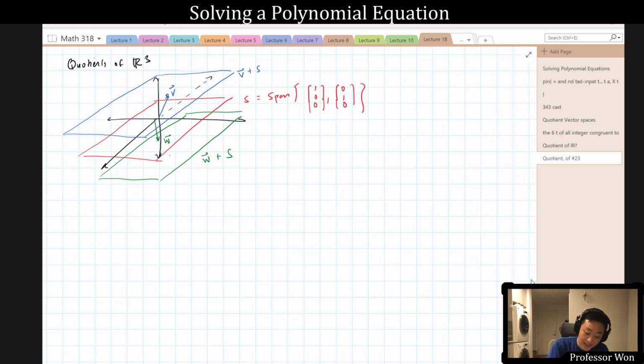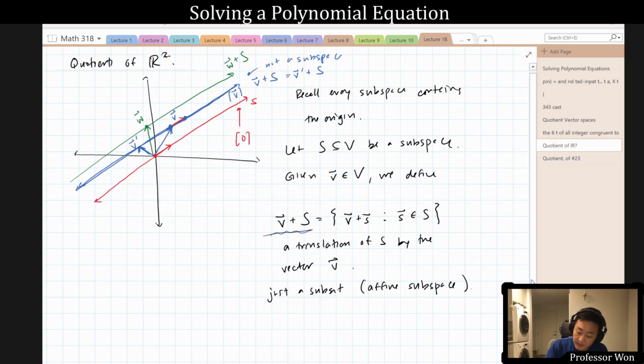So in order to understand that, we need the following lemma. Suppose that S is a subspace of V. I've defined this set already: V plus S, for any vector V, is all the vectors V plus s, where s is any vector in S. Here are some facts about this.